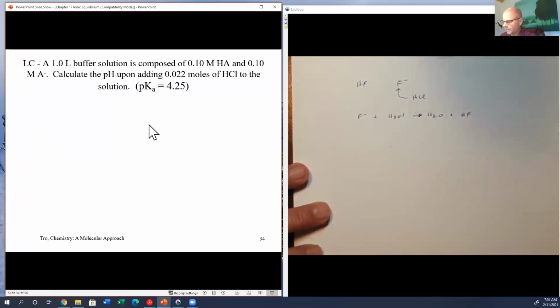All right, another question for you to try. A 1 liter buffer is composed of 0.1 molar HA and 0.1 molar A minus. Calculate the pH upon addition of 0.022 moles of HCl, and it gives you the pKa. Again, I'm going to pause here and give you a minute to work this out.